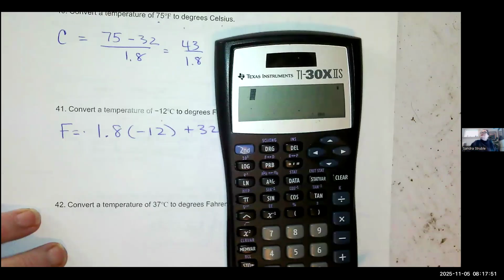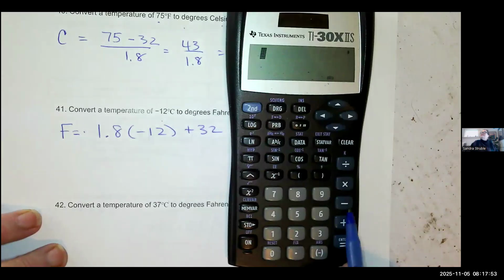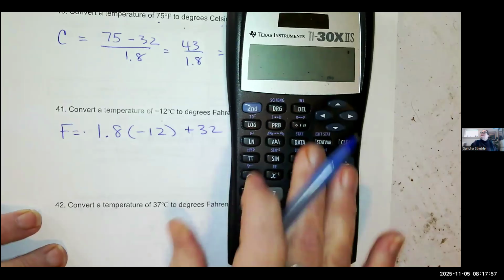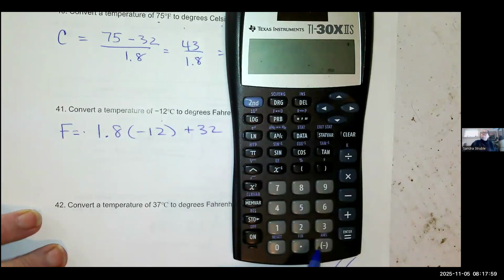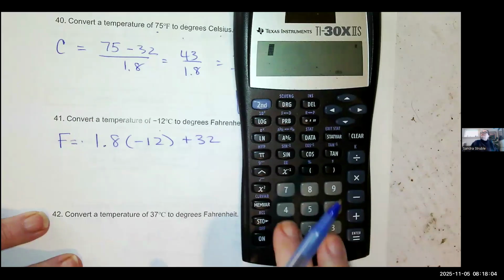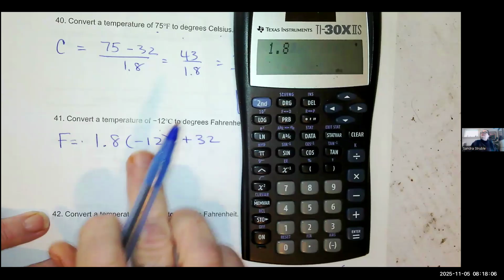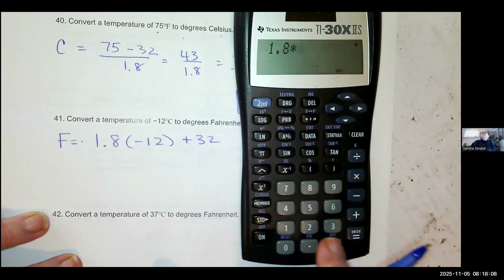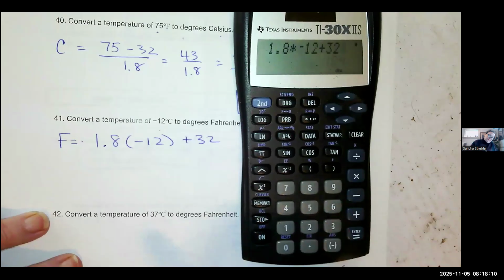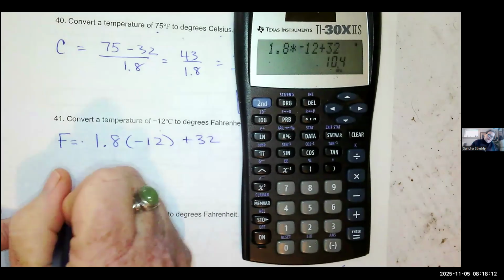You have to use your negative symbol. Some of you might have a plus minus, but if you're using a TI calculator, you're going to have this little guy right here to the left of your enter key. All right, so putting in 1.8 times negative 12 plus 32 is 10.4 degrees Fahrenheit.